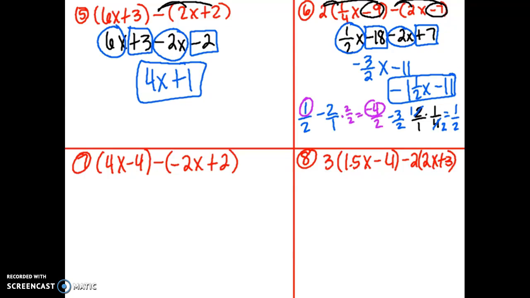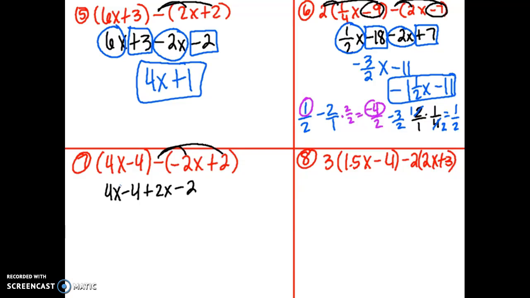4x minus 4 minus negative 2x plus 2. There's nothing to do to this first expression, so we're just going to bring down 4x minus 4. I'm going to take the opposite, because it's subtracting, so we're taking the opposite of negative 2x, which is positive 2x. The opposite of positive 2, or adding 2, is negative 2, or subtracting 2.